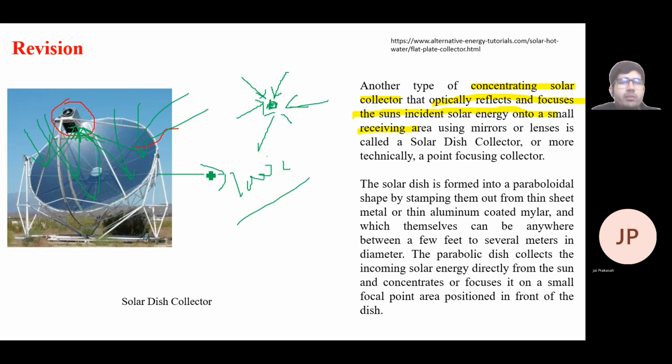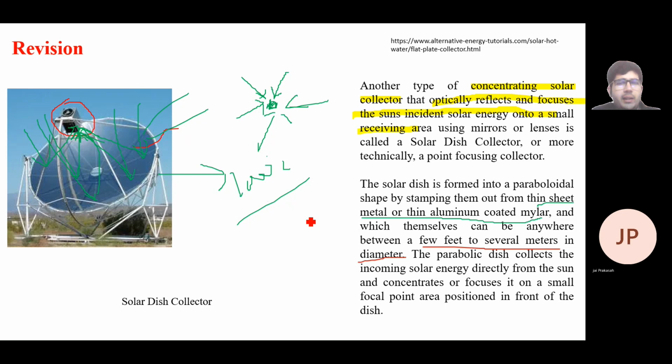So you can see the material is very thin metal sheets or aluminum coated mylar, which themselves can be anywhere between a few feet to several meters in diameter.